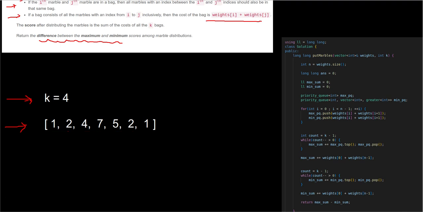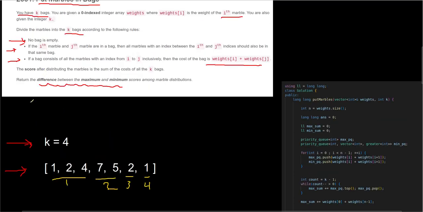Now if we take another distribution, for example, we can do this and this and this and this. So this is the first bag, the second bag, the third bag, and the fourth bag. Notice that no bag is empty, and these bags, these segments, are continuous.